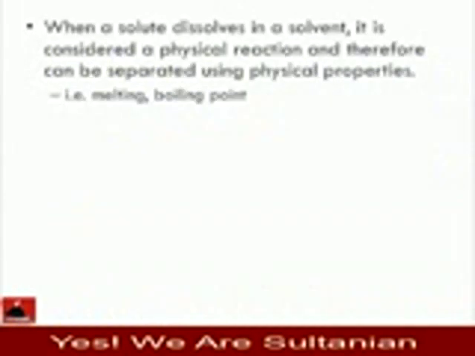So when a solute dissolves in a solvent, it is considered a physical reaction and therefore can be separated using physical properties. So we can use things like melting point, boiling point. Here we have our mixture of salt and water. We continue to add heat to it. We cause the water to evaporate. And what are we left with within our beaker? Well, it would be our salt particles.